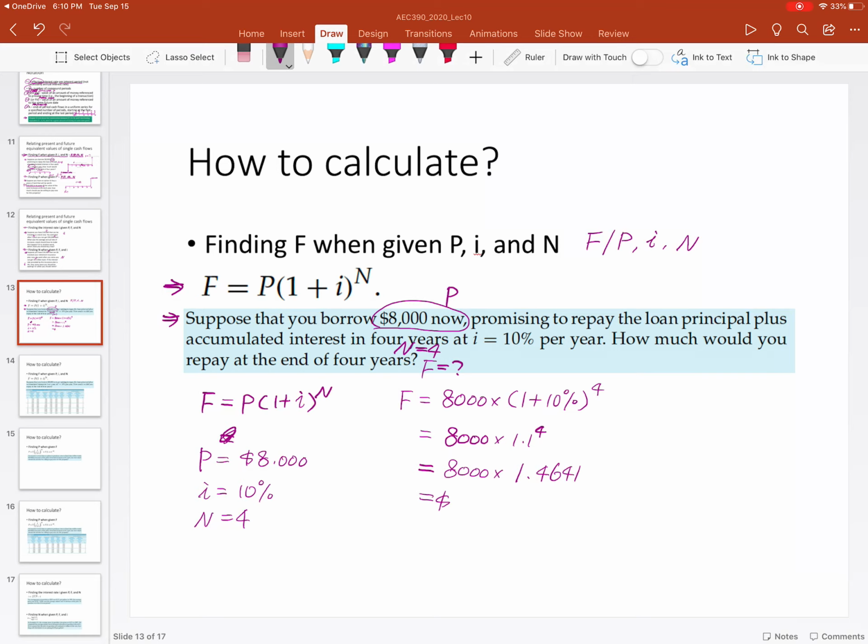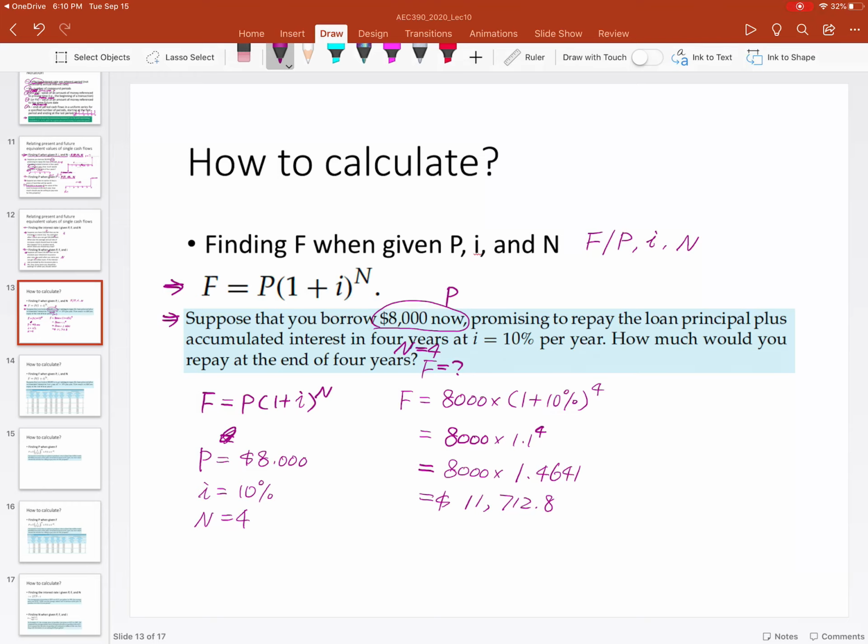So the final result is 11,712.8 US dollars. Okay, which means this is the future equivalent value of your cash flow.